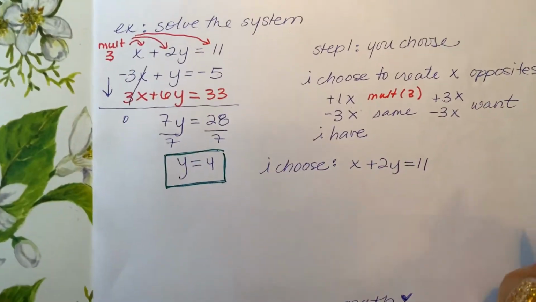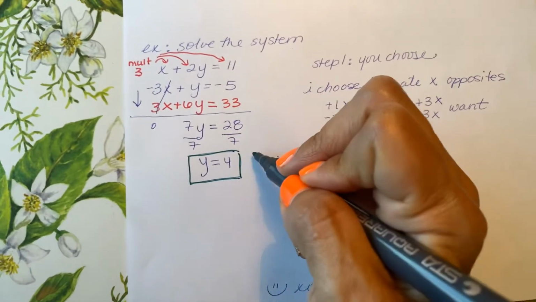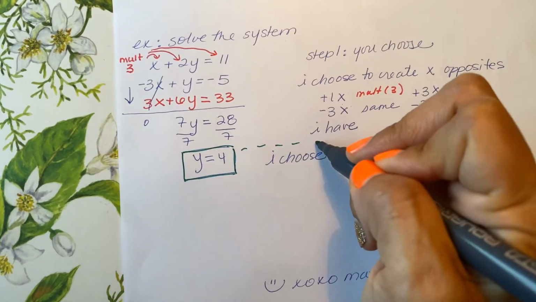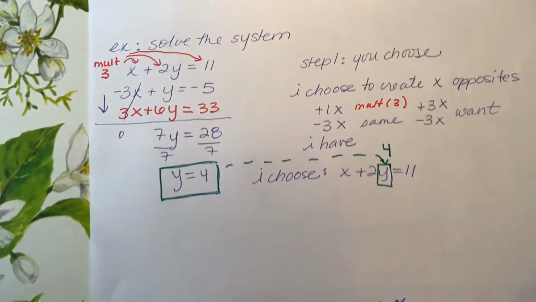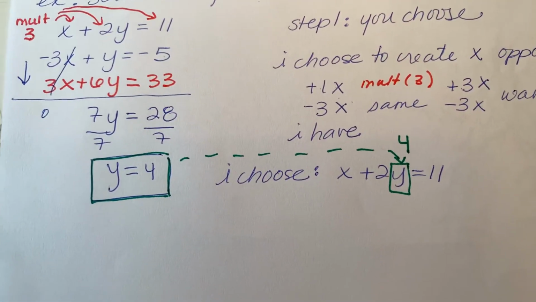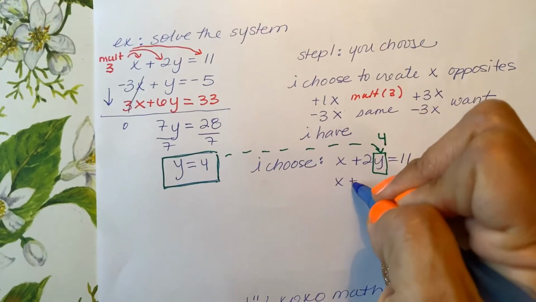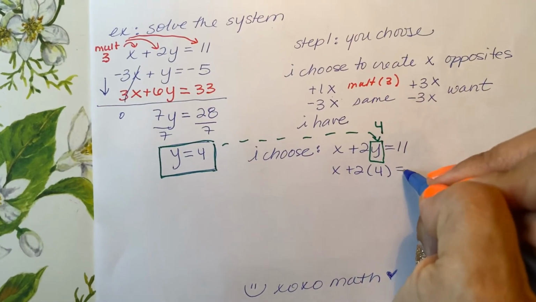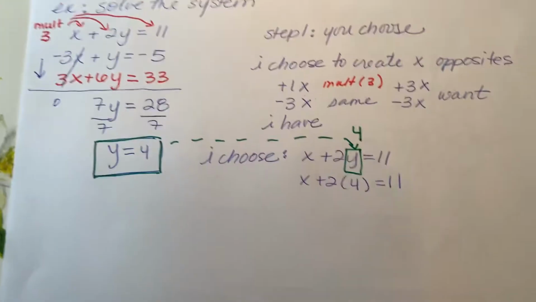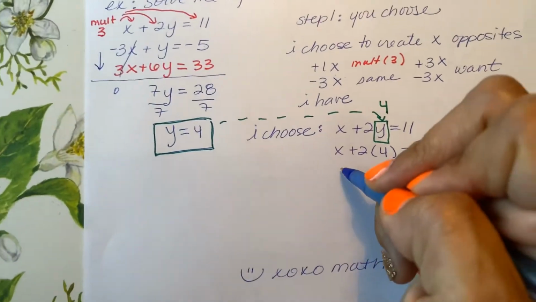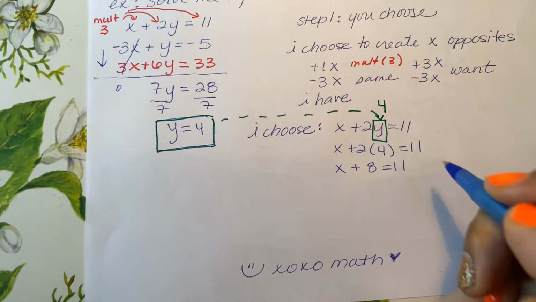Now I'm going to take this y is 4 and put it right here. Instead of y, I'm going to replace it with 4. And so I get x plus 2 times 4 equal 11. Even though my y's and my 4's kind of look the same. x plus 8 is equal to 11.